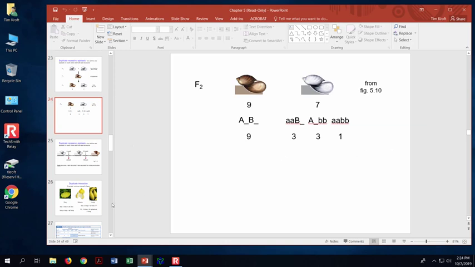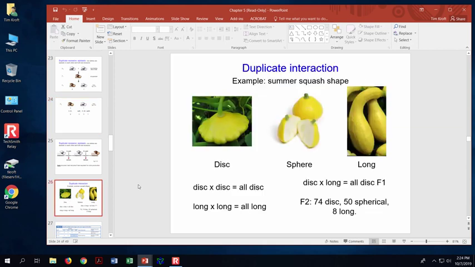Now, in duplicate interaction, what happens is you have two extreme classes, either the completely flattened out or the completely long crookneck squash, or these little spherical 8-ball guys in the middle, right?